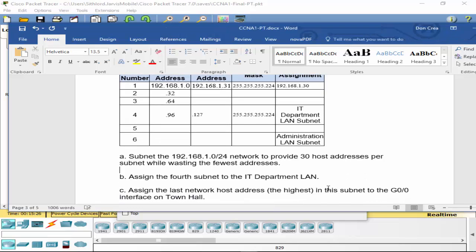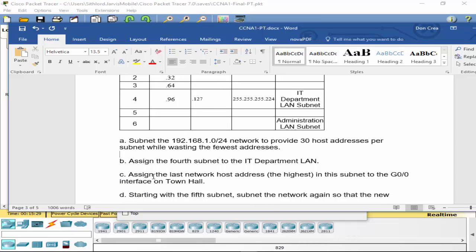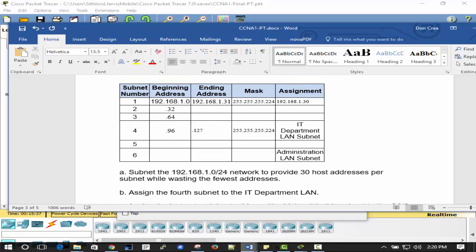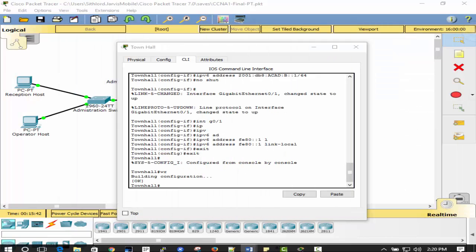So now we get back there. Assign the last network, the highest, to that. So that would be 126. Good thing we didn't assign the other one. So I'll throw this over here.